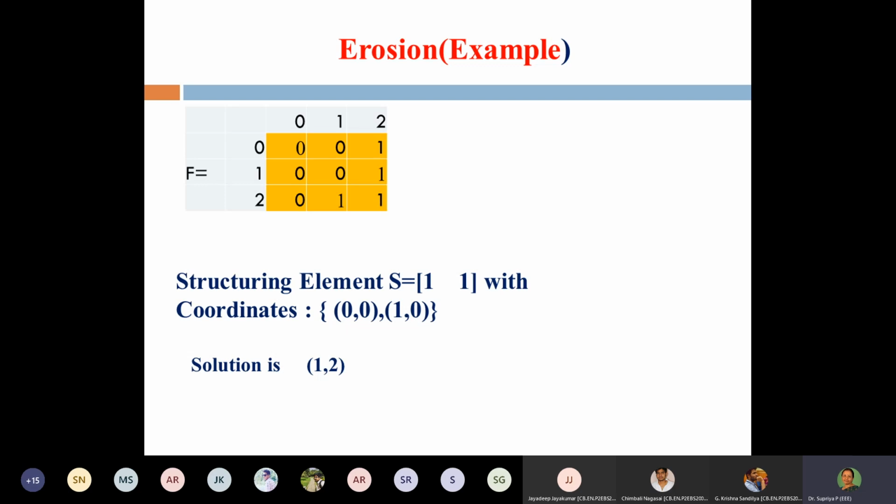It's the same solution, we got 1, 2. The same solution has been obtained. Can we proceed?